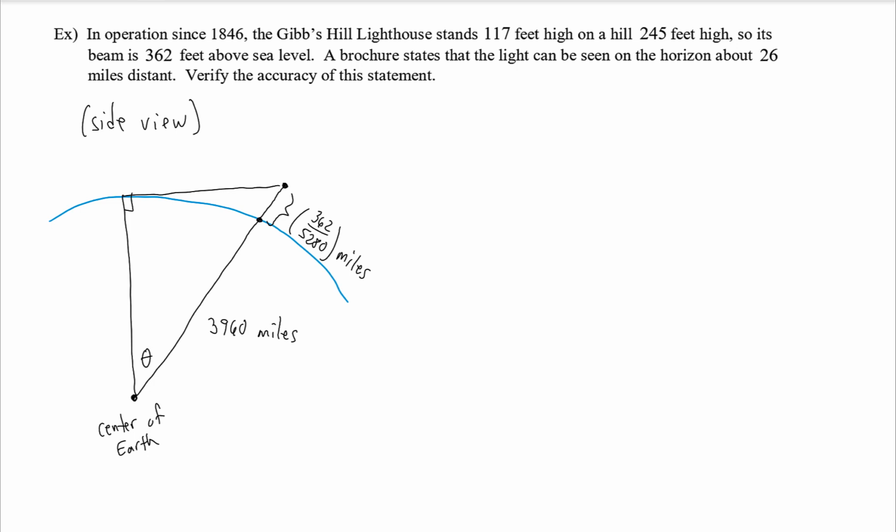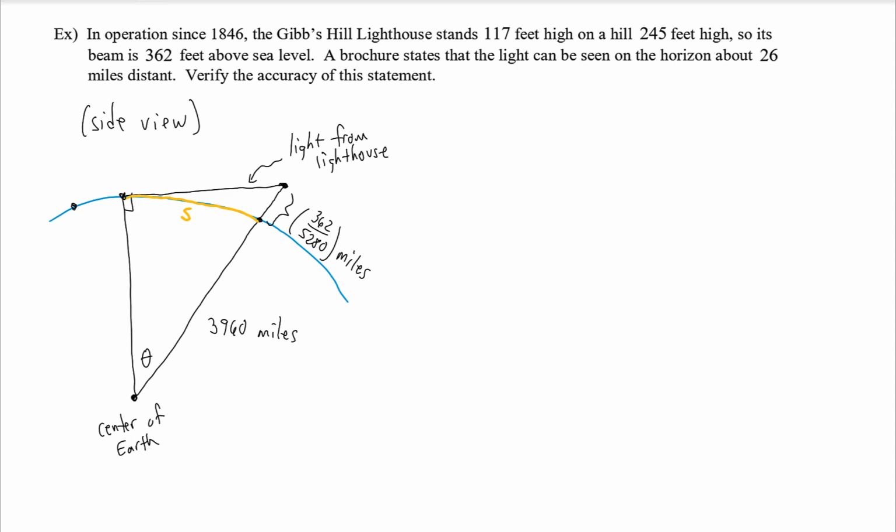And then this distance, that's the length of a circle, so an arc length, I'm going to call that S. That is S. So basically this would be the light from the lighthouse. That's what that line segment would represent. So if you were here, you could see the light. If you were here, you cannot see that light. That light would not make it to you, is what this picture is showing us, the situation.